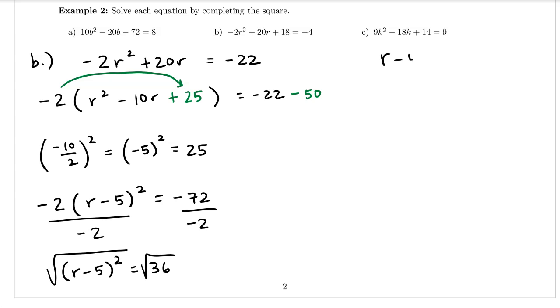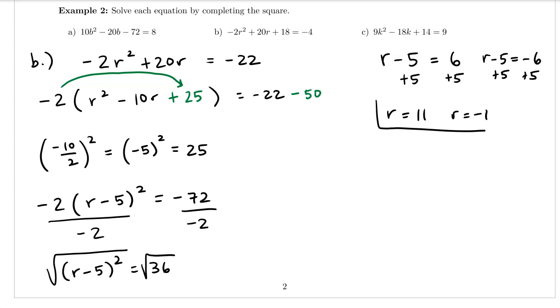We'd get r minus 5 is equal to 6, and r minus 5 is equal to negative 6. So we get r equals 11, and r equals negative 1. And those are our solutions for part B.